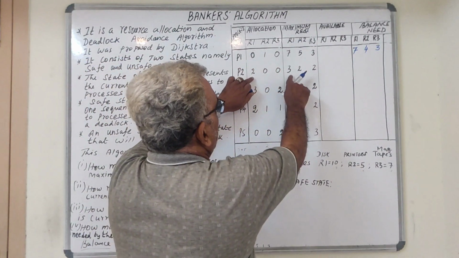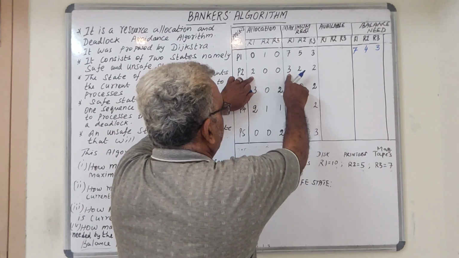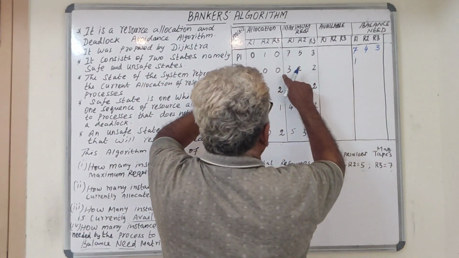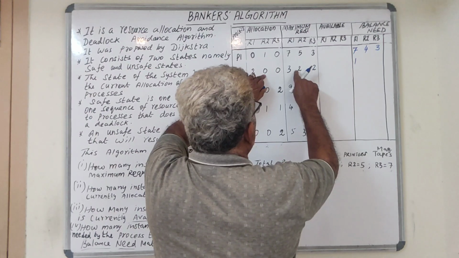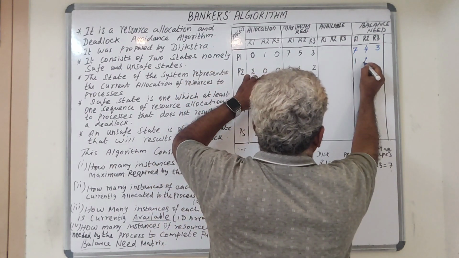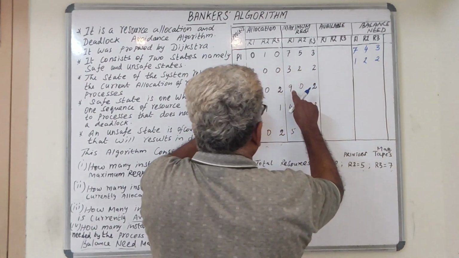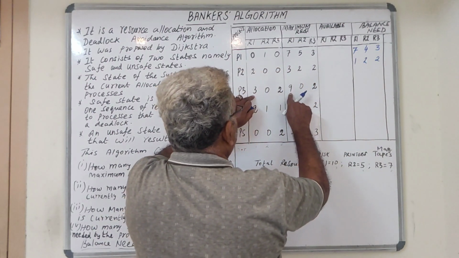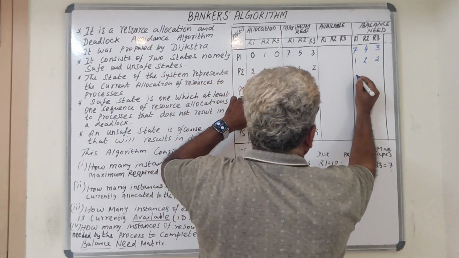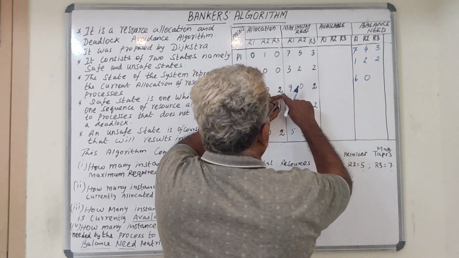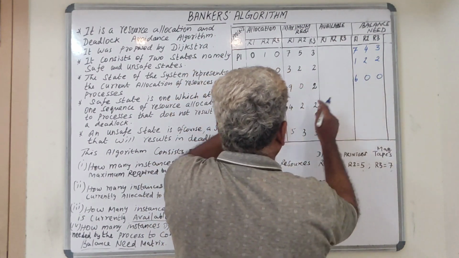Similarly this is 3 minus 2, it is 1. 2 minus 0, it is 2. Again 2 minus 0, that is 2. Similarly 9 minus 3, it is 6. 0 minus 0, that is 0. 2 minus 2, that is 0.